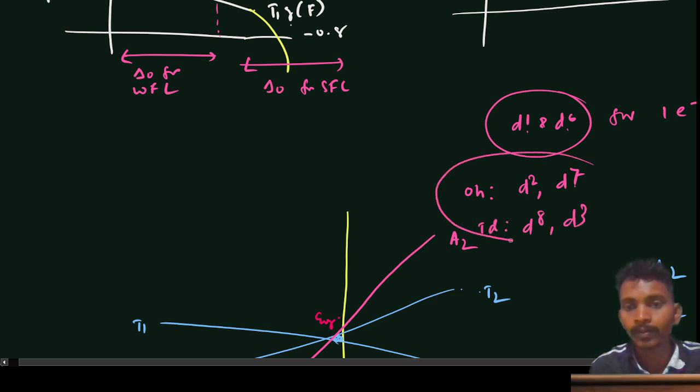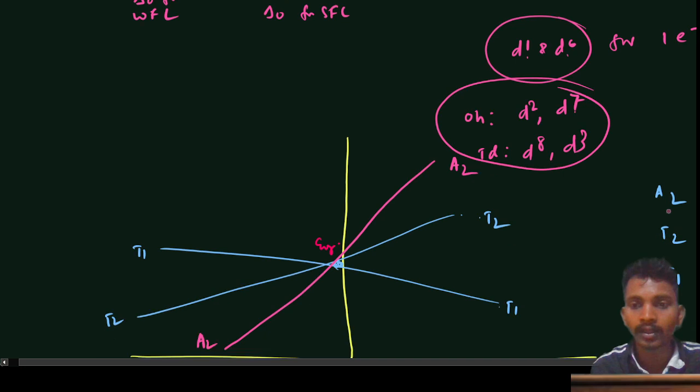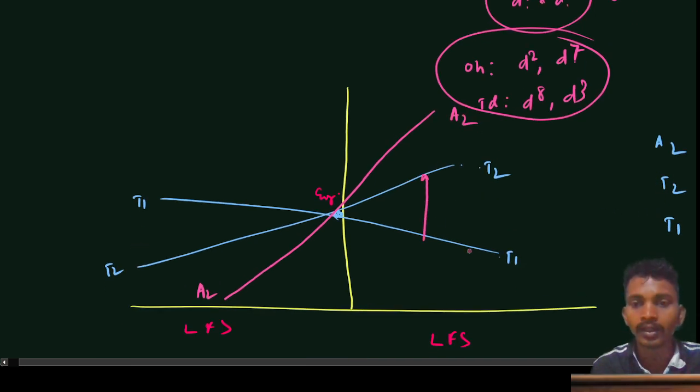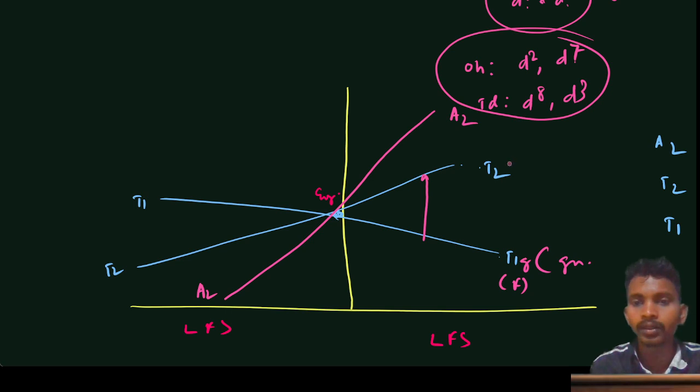For this type of transition, the transitions will happen from here to here. This will always be the ground state. This T1G, that is F, and this is T2, and this is A2G or A2 or T2, or this is T1G or T1.